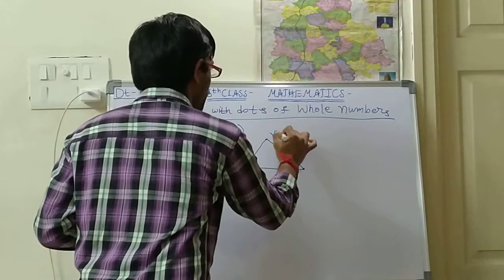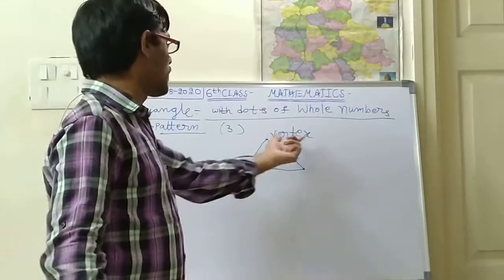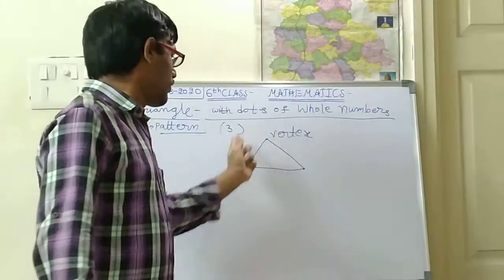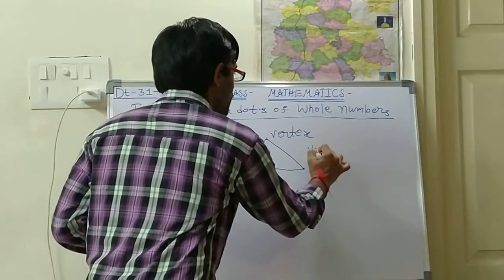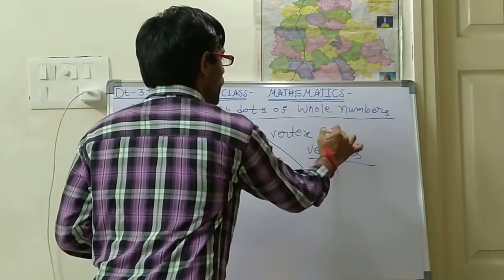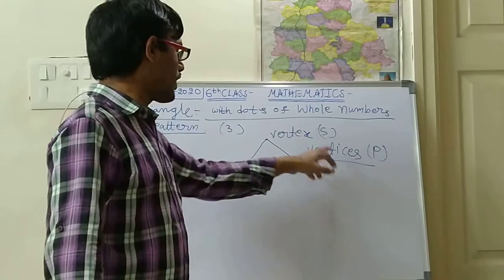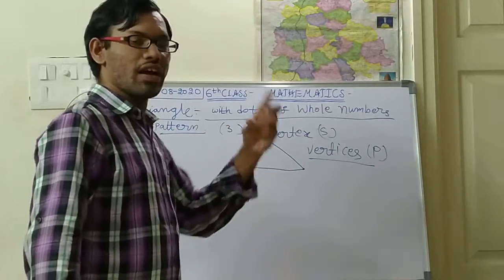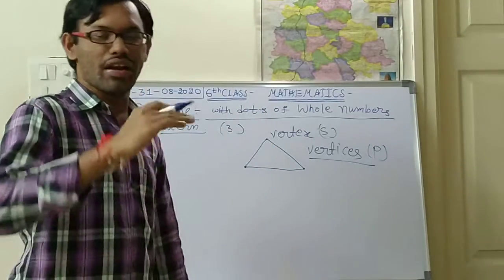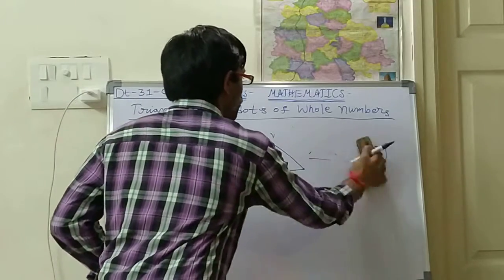Vertex is singular, and vertices is plural. In English, singular means one dot is called a vertex, and if there are 3 dots you should say vertices. Plural means more than one. So in the triangle there are 3 vertices. You will learn that in the geometry part, so we don't need that now.